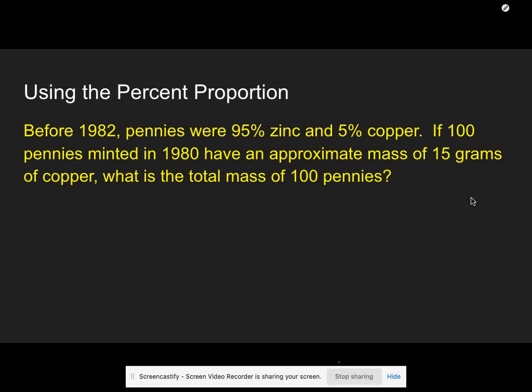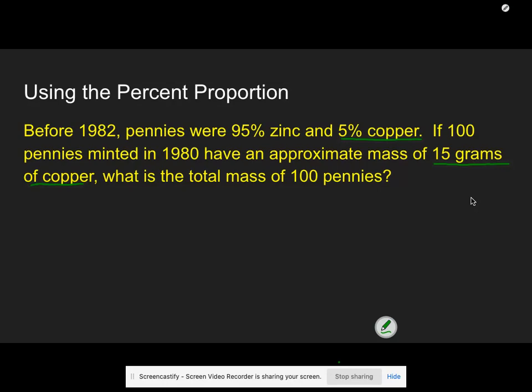So the next question: before 1982, pennies were 95% zinc and 5% copper. If 100 pennies minted in 1980 have an approximate mass of 15 grams of copper, what is the total mass of 100 pennies? So you kind of have to pick out some information that's important. If we're looking at copper in 15 grams, well, 5% was copper. So those are my numbers that are going to match up.